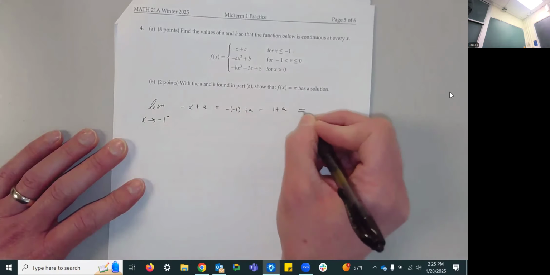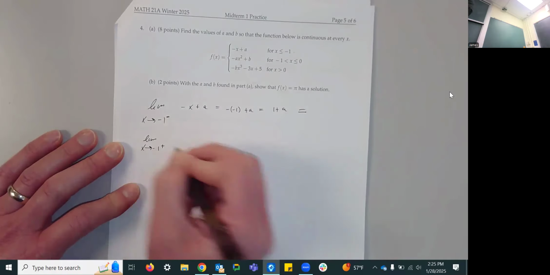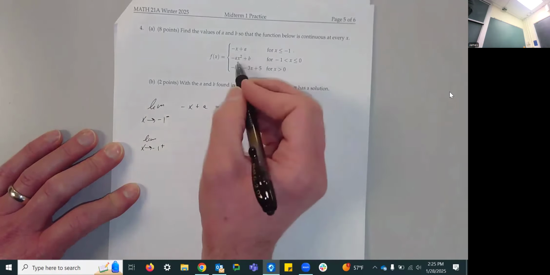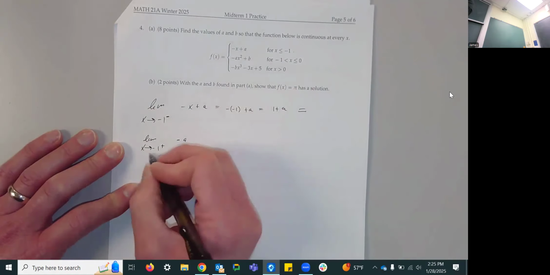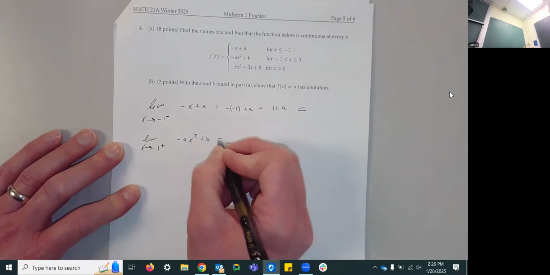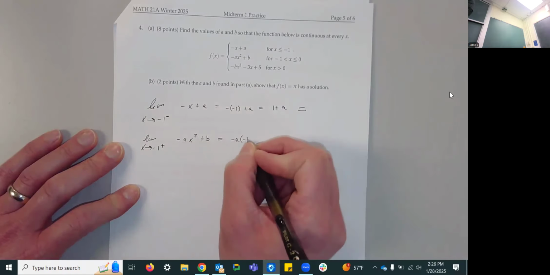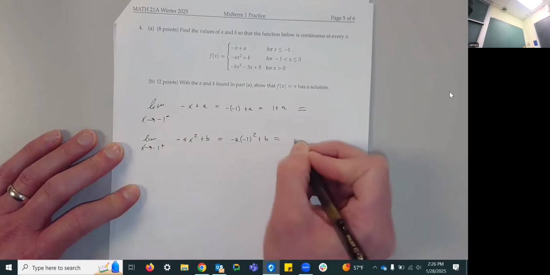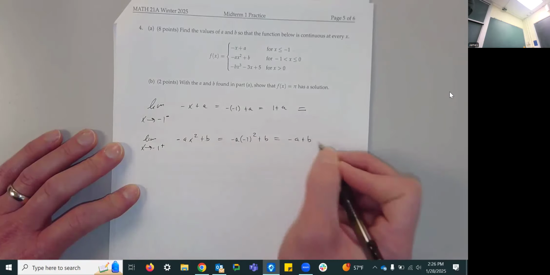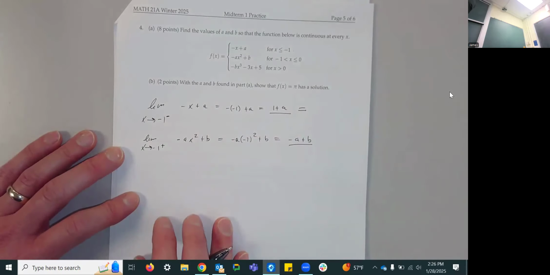We need that to equal the limit as x approaches -1 from the right of -ax squared plus b. If we plug in -1, we get negative a times -1 squared plus b, which is just -a plus b. So we need this to equal that, which isn't enough to do anything right now, right?